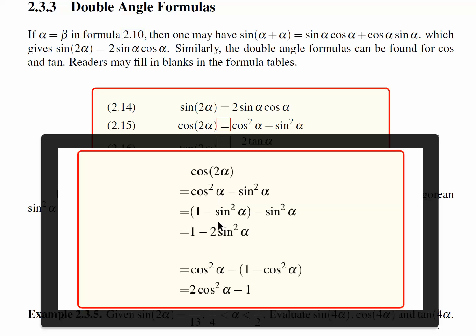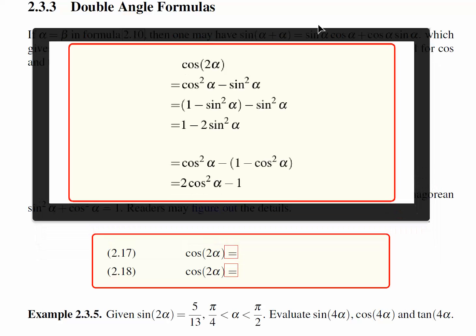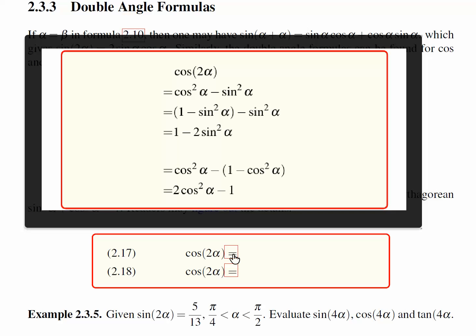Then you may combine minus sine alpha squared minus sine alpha squared, and that will be the first form: 1 minus 2 sine alpha squared.